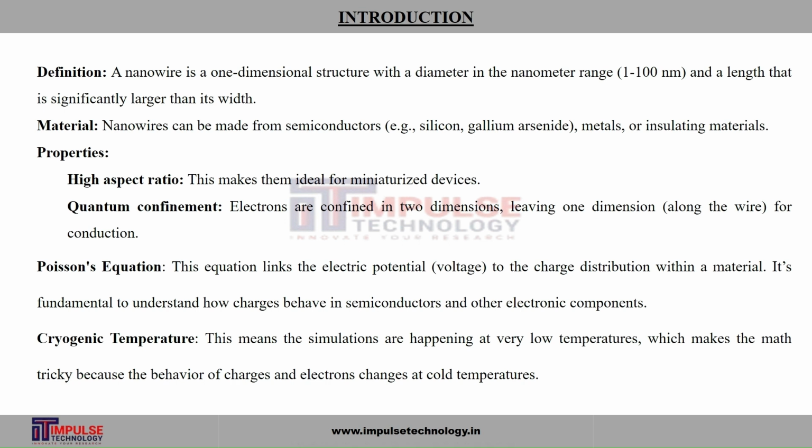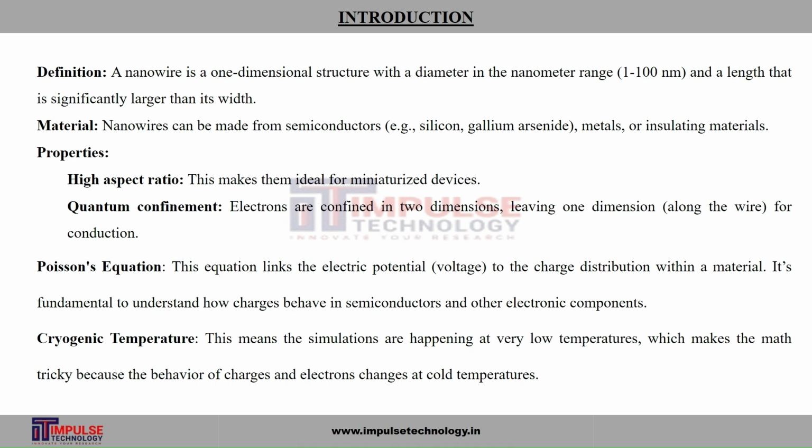This means nanowires are very long compared to their width. Imagine a very thin long thread. This property makes them perfect for tiny devices. Quantum confinement: in a nanowire, electrons are confined in two dimensions, leaving only one dimension for them to move freely. This is like having a narrow hallway where people can only move forward or backward.